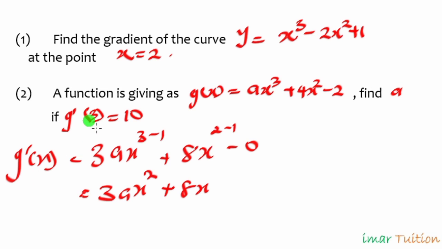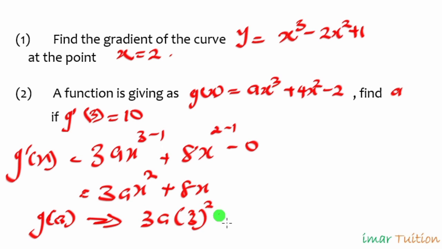Now, g prime of 3 is 10. So we're going to substitute the value of 3 to replace x here, and equate our derivative to 10. If you do that, g prime of 3 is going to result in 3a bracket 3 to the power 2 plus 8 bracket 3, and we equate that to 10 from this question.